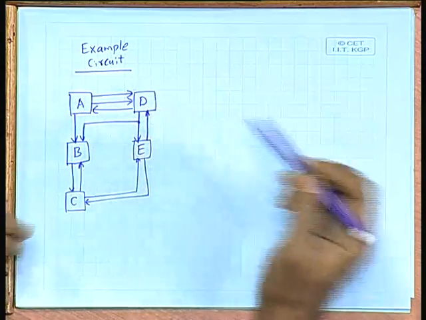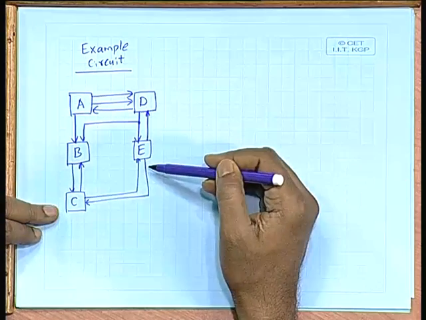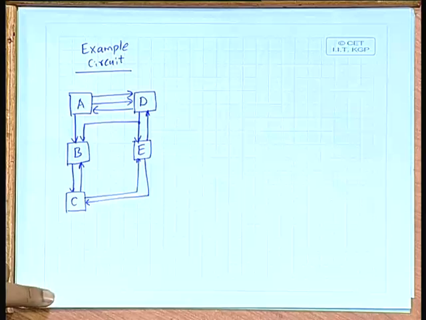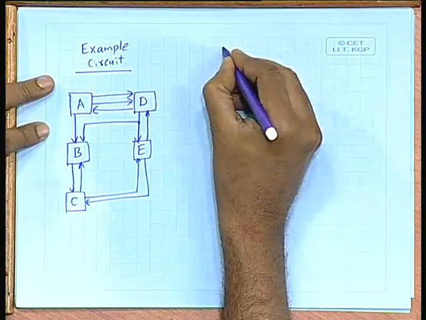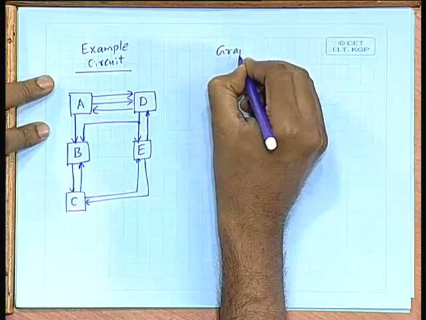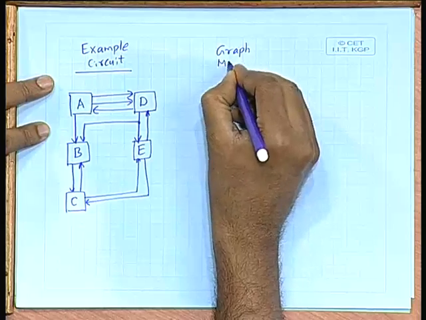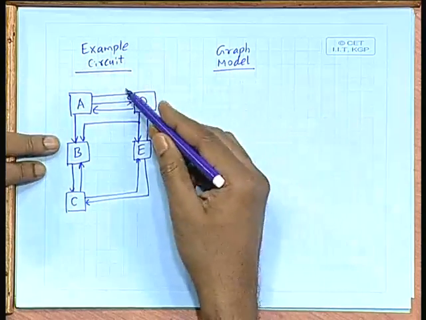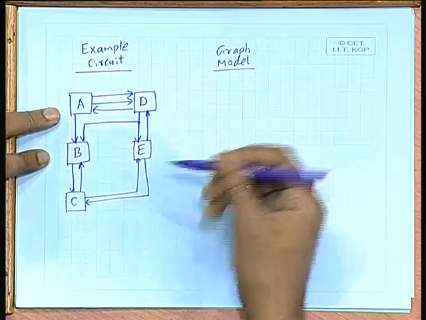Suppose you have an example circuit like this, where A, B, C, D are the blocks which have been obtained after partition, and this shows the interconnection. Now, this circuit can be represented by a graph. This is your so-called graph model, which you can get immediately from the partitioned circuit.